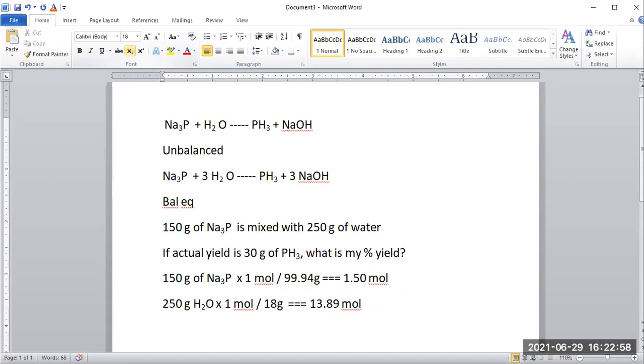I do have to pay attention to the fact that there is a coefficient of 3 out in front of my water molecule. So even if I used up all of my 1.5 moles of sodium phosphide, I would still only need 4.5 moles of water. So yes, this one is my limiting reactant, because I am going to run out of that long before I run out of the water.